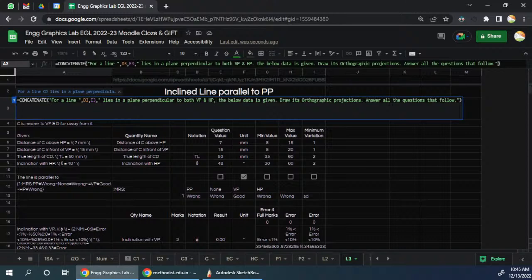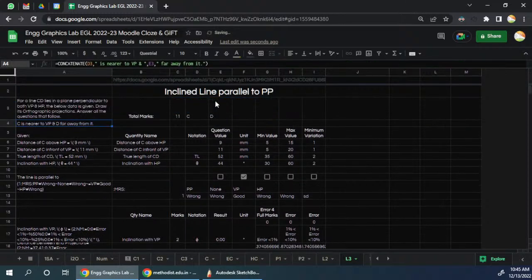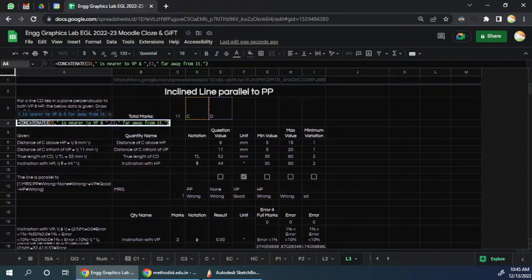Okay, this is what we call below data is given. Draw the correct projections and answer all the questions that follow. So how are we going to define the given data? So of course the distance of point C is HP and VP.